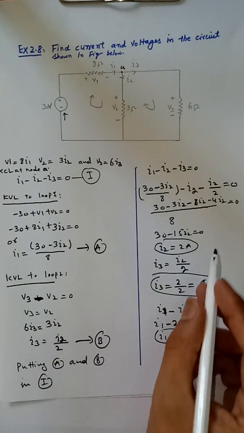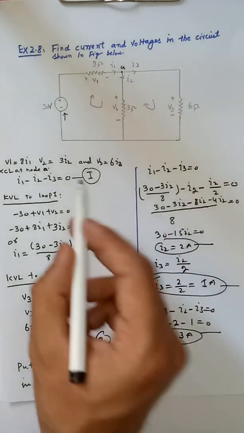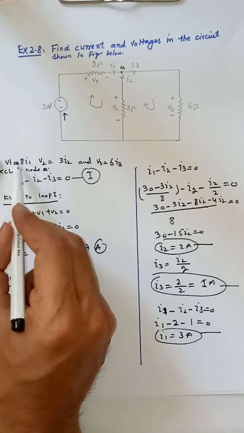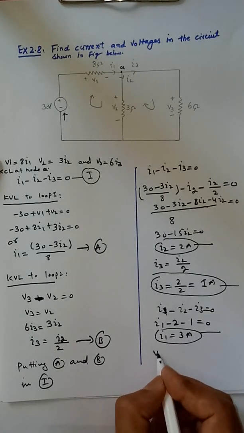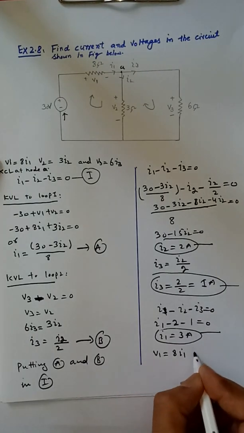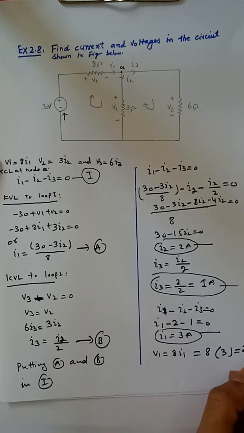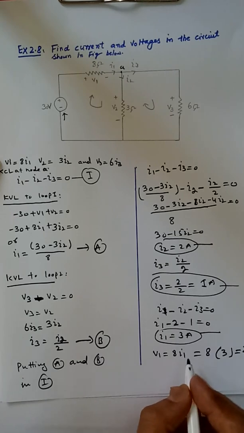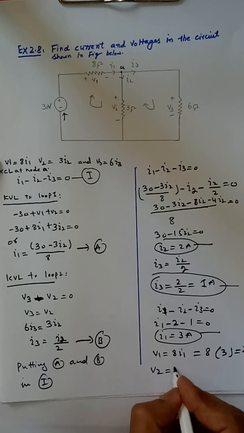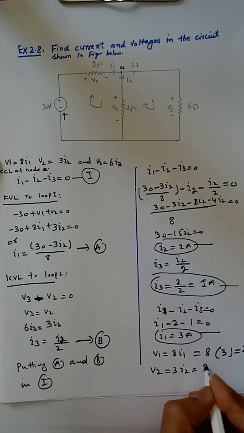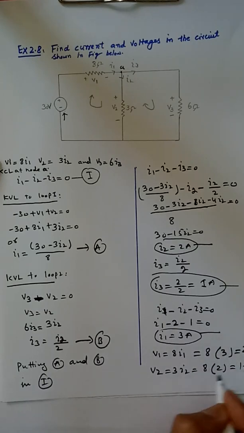After finding I2, I3 and I1, you can simply put these values in to find V1, V2 and V3. V1 equals 8 I1, so 8 into 3 is 24 volt. V2 is 3 I2, 3 into 2 ampere, so 6 volt.